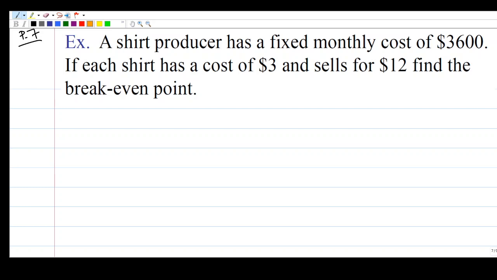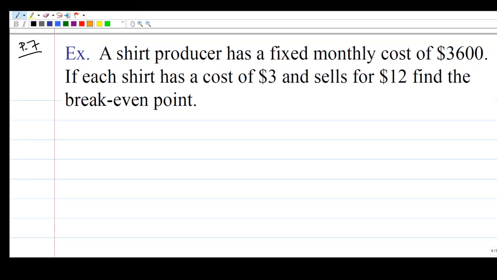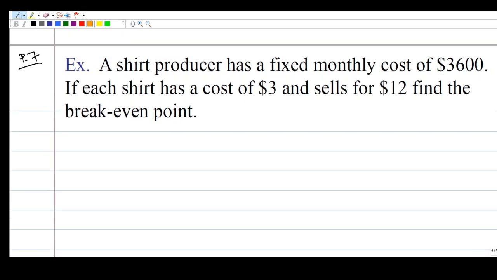A shirt producer has a fixed monthly cost of $3,600. So this here is your fixed cost.